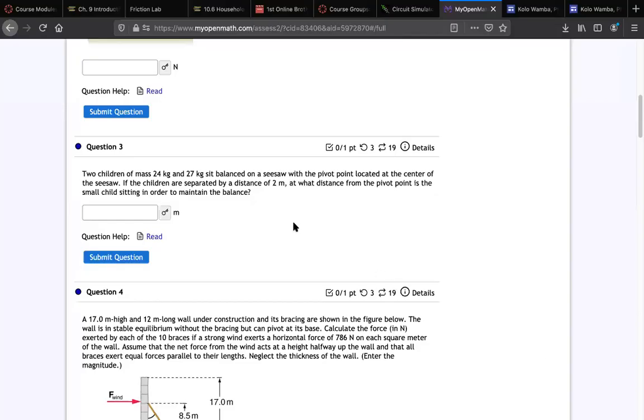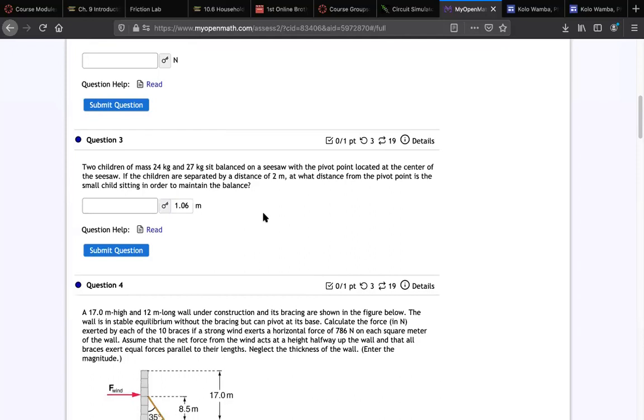Oh, there it is. All right. Okay, so 1.06, right? We got 1.059, that rounds up to 1.06. So that is correct. Okay. So that is how you apply the second condition for equilibrium. You get the torques adding up to 0.